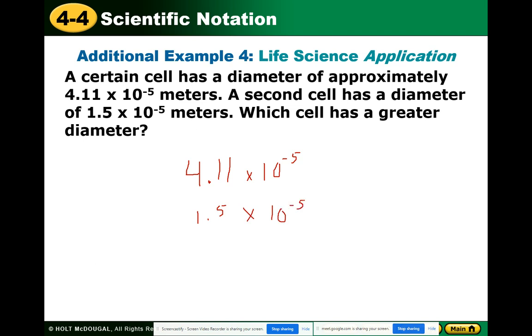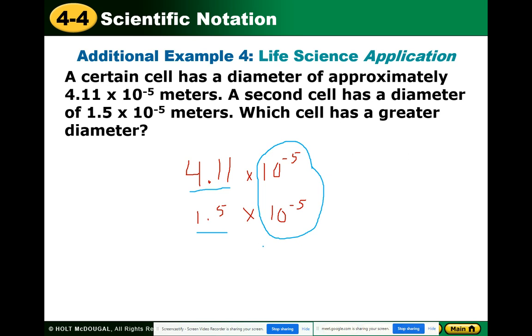Okay. The first place I would always suggest looking would be at the exponents here, okay? Are the exponents the same in this one, crew? Or Bruce, are the exponents the same? Yep. All right, crew said yes. All right, sorry, Bruce, I didn't get you in here. So, Bruce, now we need to look at 4.11 and 1.5.